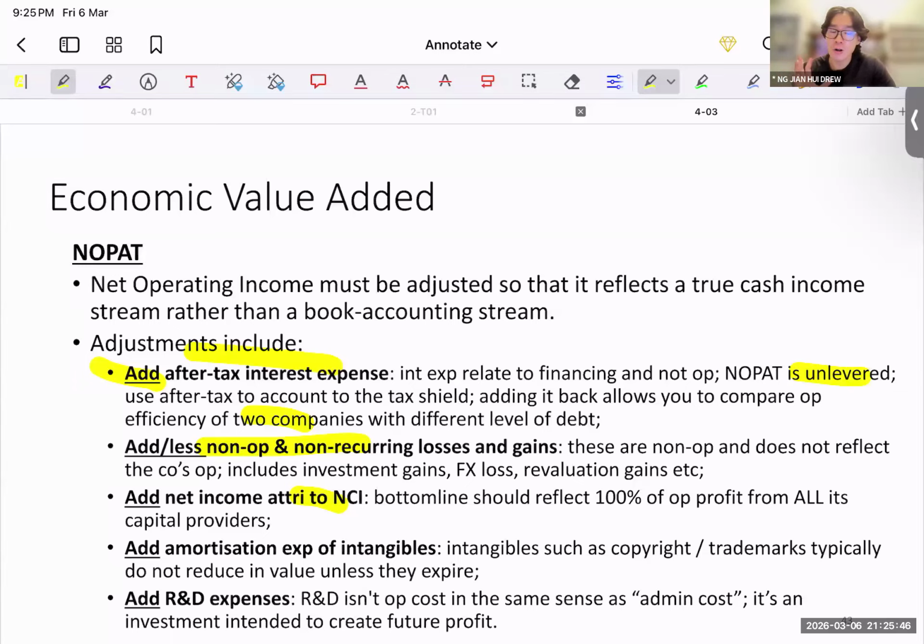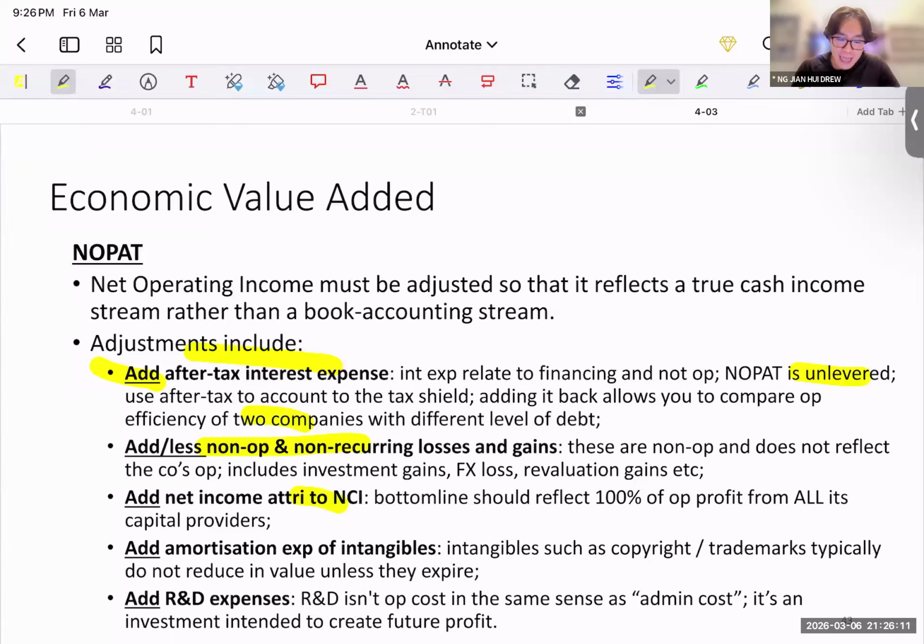So if you use that for your GBA or ECA, that'll be wrong. So please do not use that. Please use the industry method of calculating NOPAT, which is all these adjustments being done. And whenever you do adjustments, of course, remember to substantiate and support your adjustments being made.